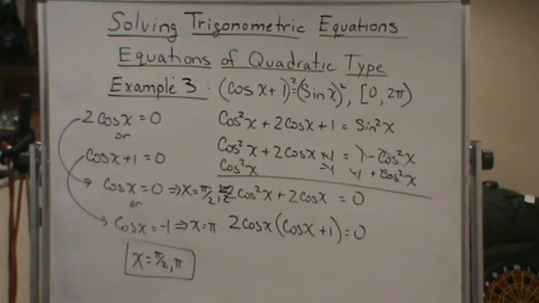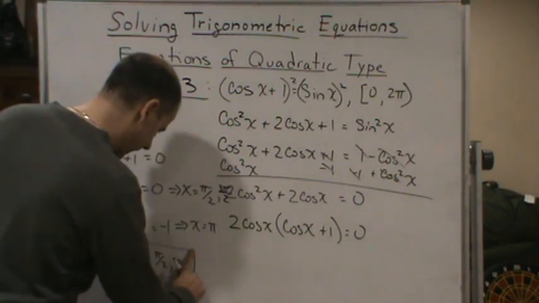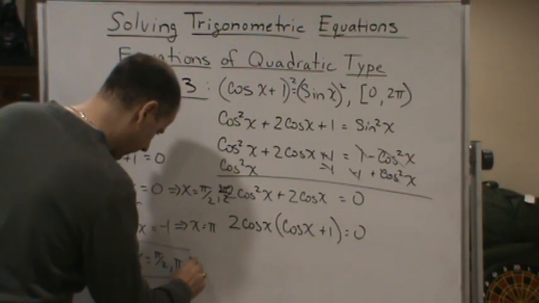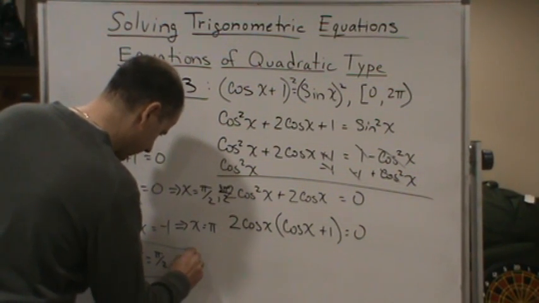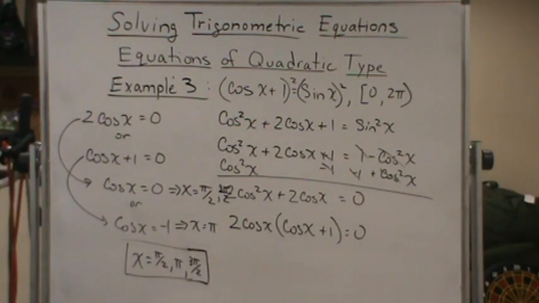Okay, sorry, I missed one. Oops, so gotta add this one. So 3 pi over 2. All right, now those are the 3 answers. So always be careful. Double check your work.